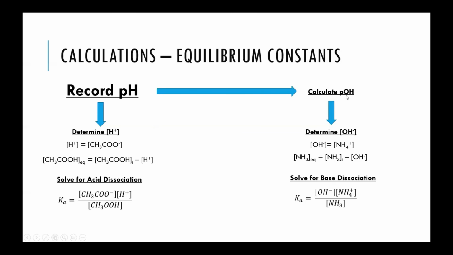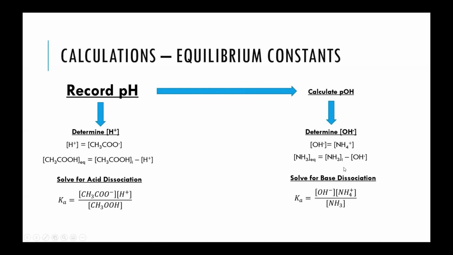For the ammonia solution, you're looking at the pOH and then determining the concentration of hydroxide itself, the concentration of base, and then using the balanced chemical equation, the concentration of hydroxide will equal the concentration of ammonium, and the equilibrium concentration of ammonia will equal that initial concentration of ammonia minus the concentration of base.